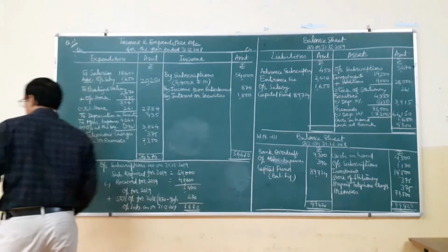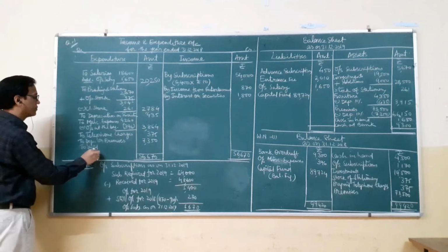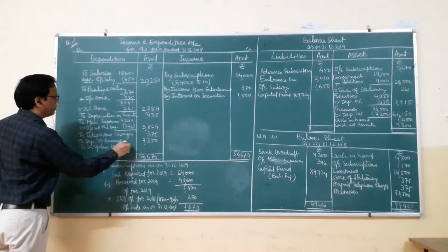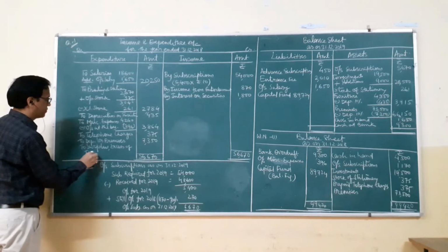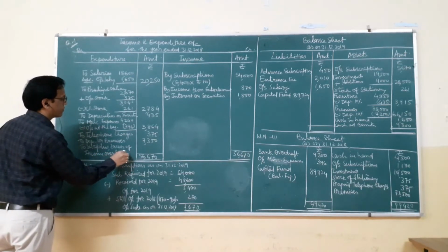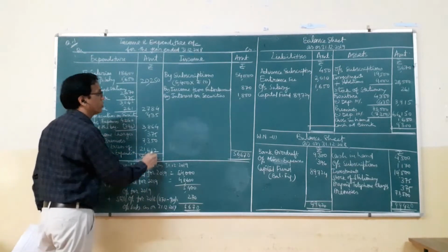So 21,612. We write the surplus, excess of income over expenditure, 21,612.